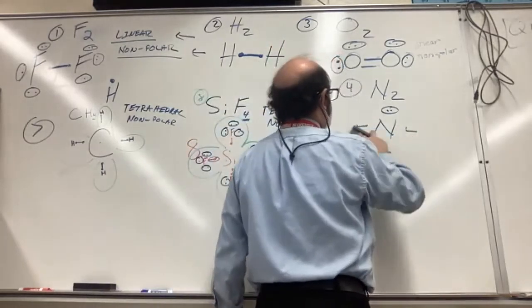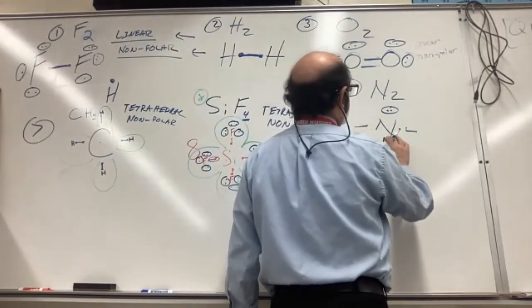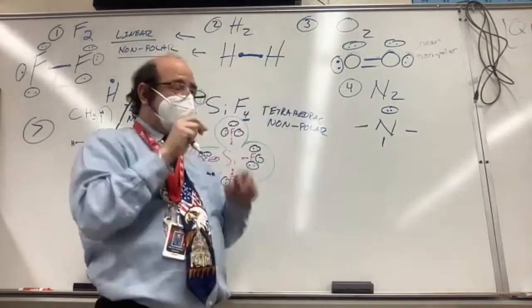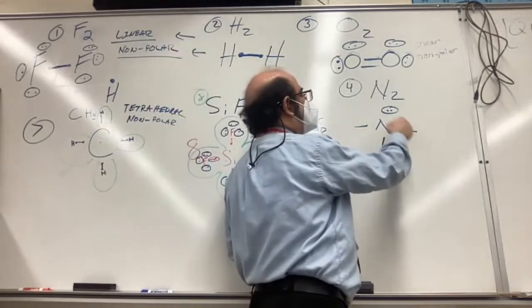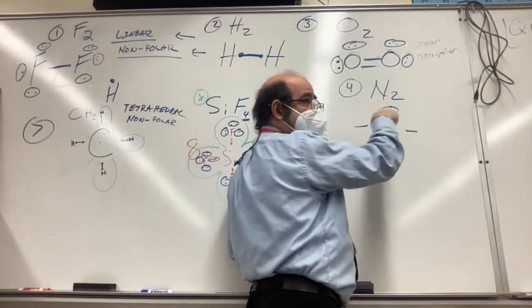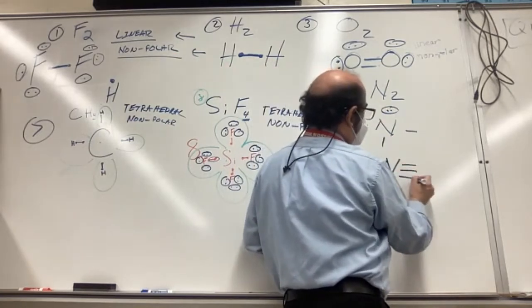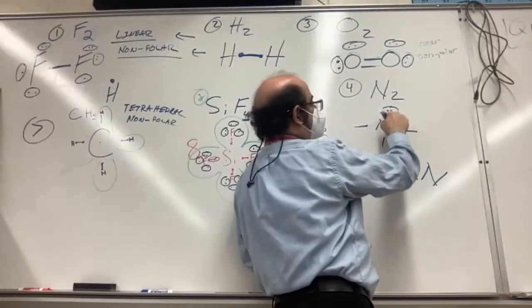So I'm just going to simplify it, knowing that one of them looks like that. This is going to be a bond, this is going to be a bond, this is going to be a bond, and there's going to be a pair hanging out on the ends. So we have N, 1, 2, 3, and don't forget the pair.